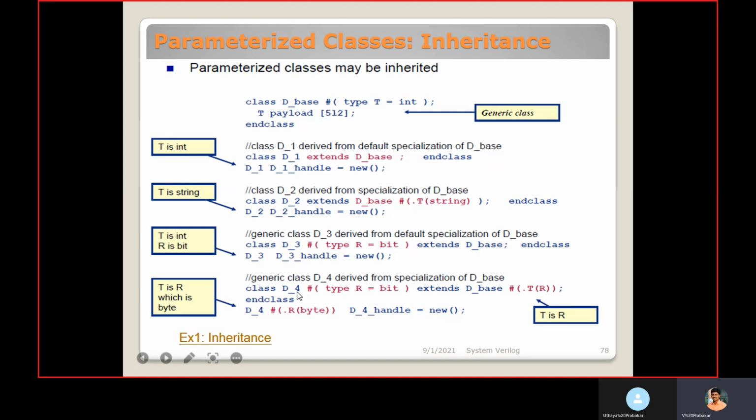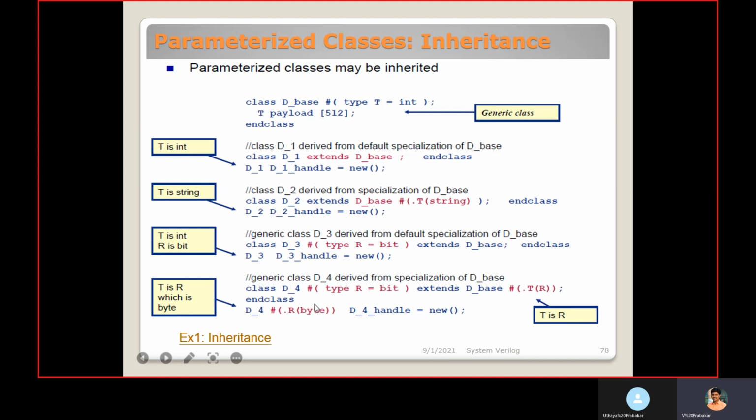After this, I create a handle for D4. D4 handle equal to new, and here also we are able to override the type. So this is one way we can override. During the extends or inheritance, or during the handle creation, we can override the type or a value.